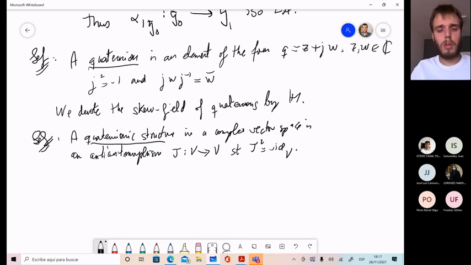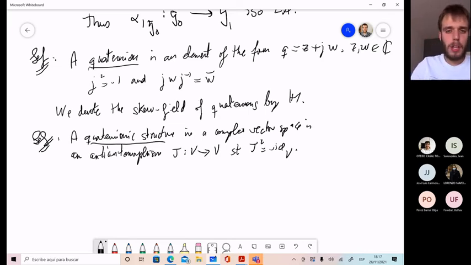It's going to be an anti-automorphism of a complex vector space such that its square is minus the identity. So in particular, it does not commute with the complex multiplication. It anti-commutes with it.